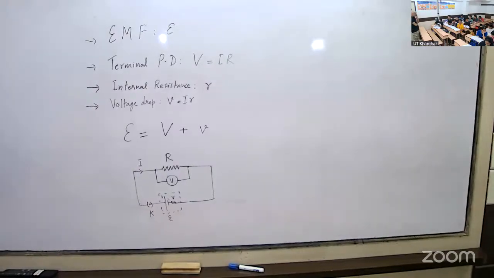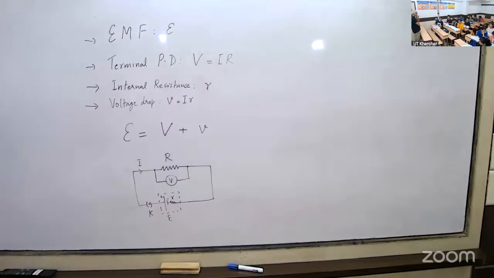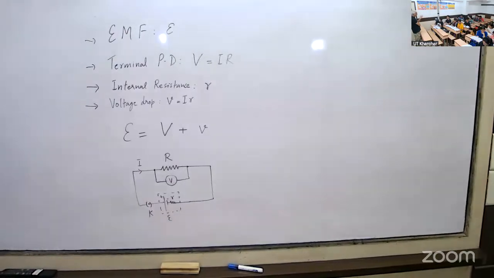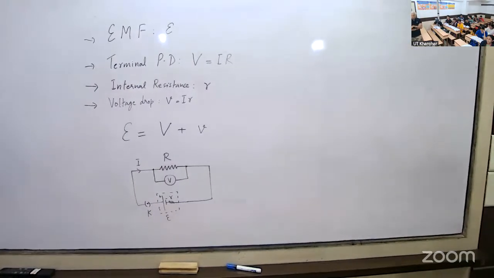Then what is V? Potential difference between the terminals of the cell when it is in use, that is, the current is drawn from the cell.